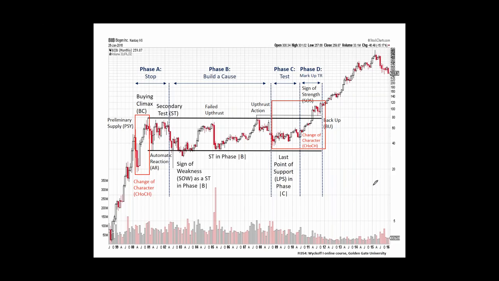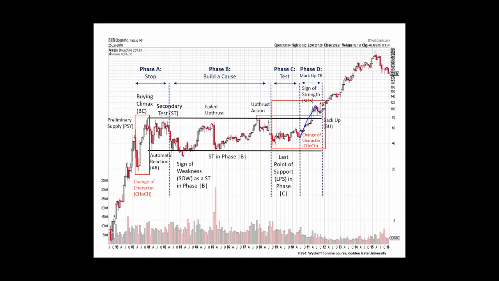Bruce, what else can we observe and note here? Just the idea that you can see here, with the nature of the way that the advance is occurring, you have this persistency of prices moving up.